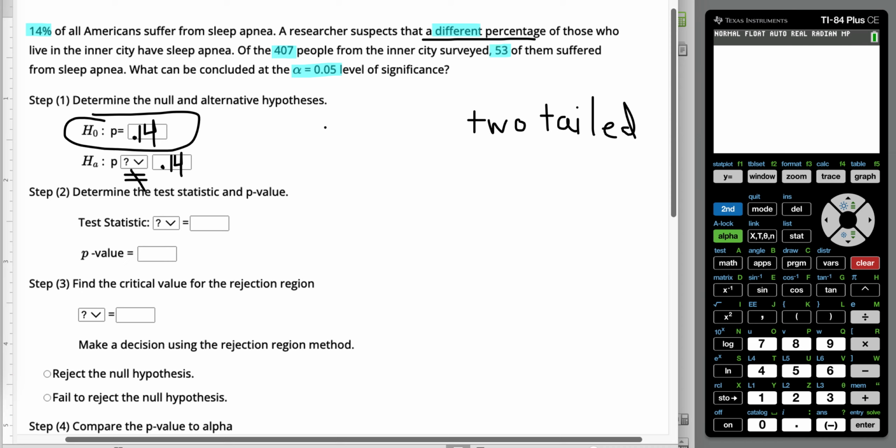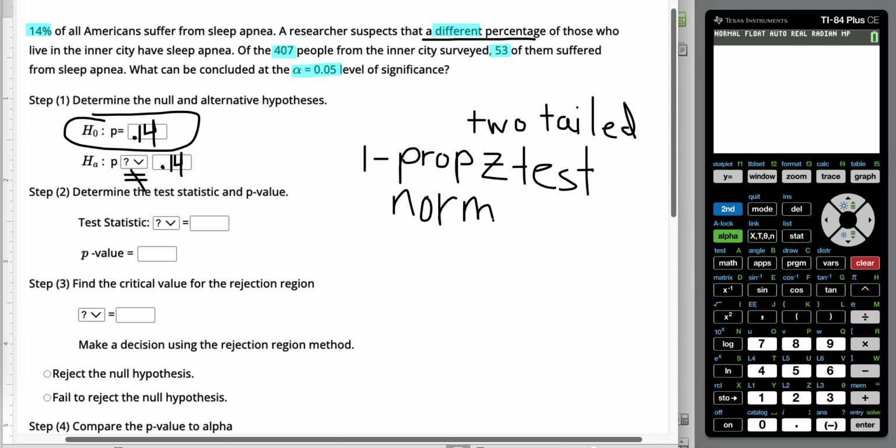Now, when we're using proportions and we're running a hypothesis test, we want to use one prop z-test because we're doing one sample. But in order to use the normal distribution to approximate proportions, which is really a binomial distribution, we need to check to make sure that the sample size times our p is greater than 5.